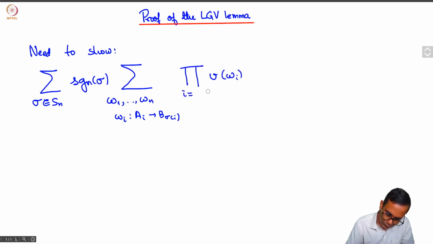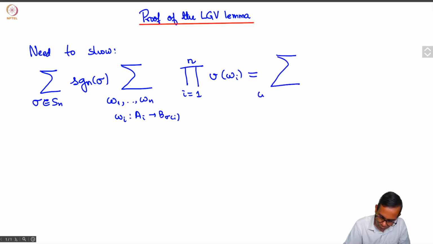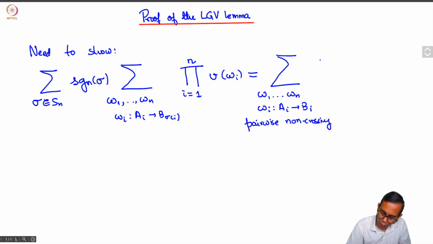So what I've written down here is just the determinant of the matrix M in the LGV lemma. So we need to show that this determinant is just the sum over omega_1 up to omega_n, where omega_i is from a_i to b_i, and these are pairwise non-crossing, of the product for i from 1 to n of v(omega_i).